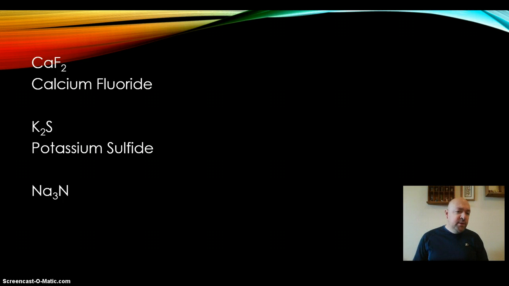Especially if you have your periodic table with you, it shouldn't take real long to name these ionic compounds. You should be able to do it in 5 to 10 seconds, at the most, because all you're doing is looking at your metal. Metal gets its full name. Non-metal, you drop the ending and add IDE. So it should be fairly quick, especially since you're going to have your periodic table with you.